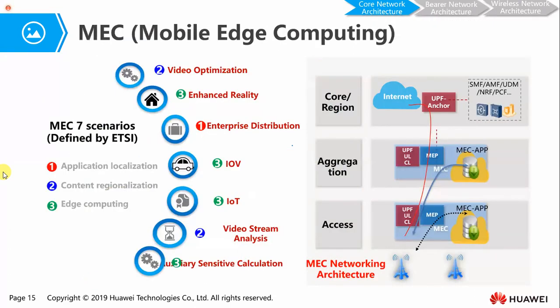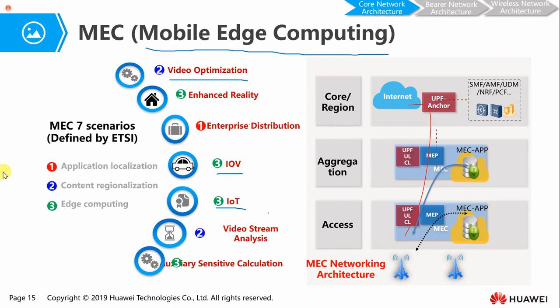And for MEC, the CUPS can sometimes be realized by the MEC. MEC means mobile edge computing. Different services may have different MEC, like video optimization, IoV, IoT, and so on.